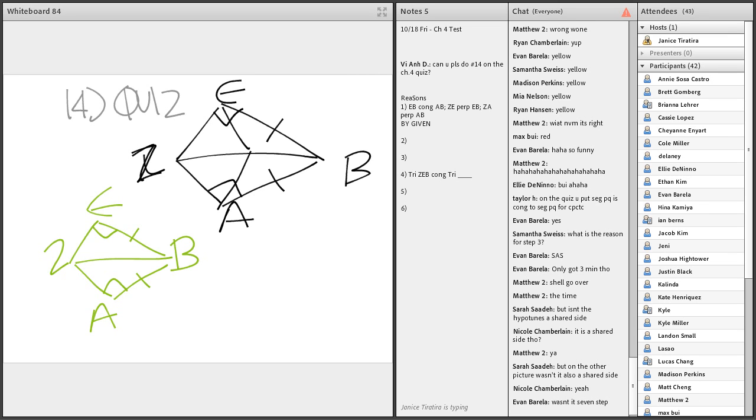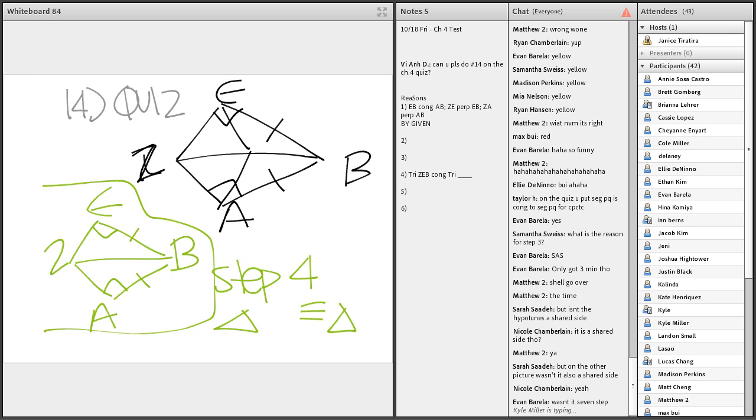Then number 2, it doesn't have to be number 2, it could be number 3, but number 2, I'm going to try to say something about the right angles. Well, let me plan ahead. Looking at the green picture, this is for step 4. The triangles are congruent.